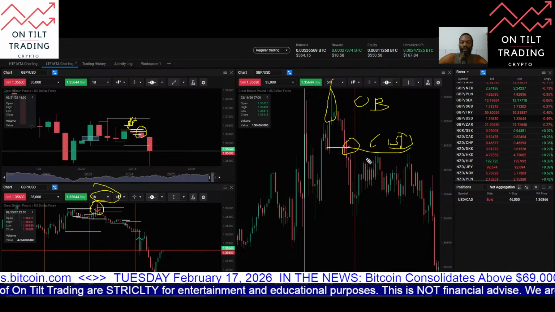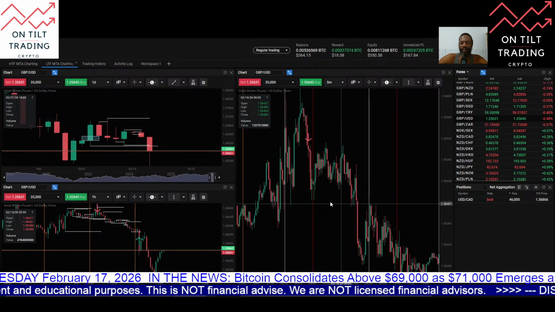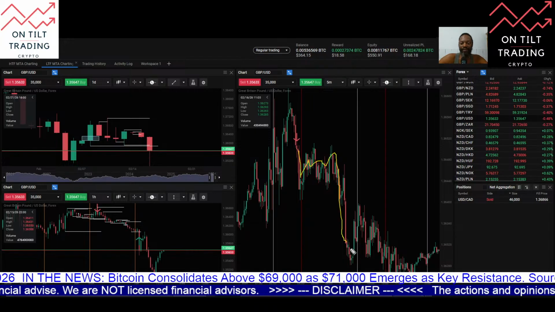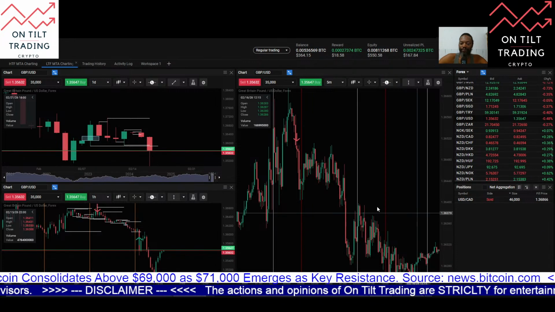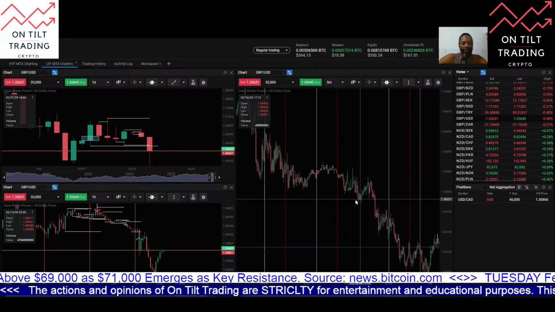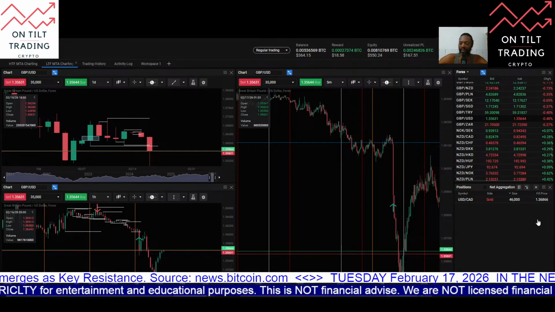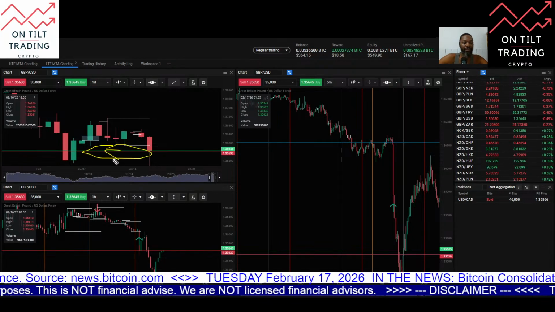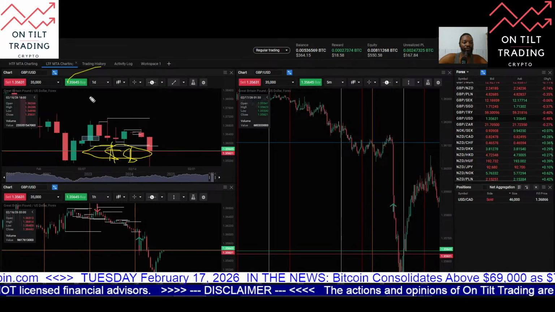And then I'm able to get an entry here on the retest, and then you can see price delivers to the sell side, consolidates here, and then eventually down to take profit down here, which was the relatively equal swing lows, the sell side liquidity that was resting there on the daily chart.